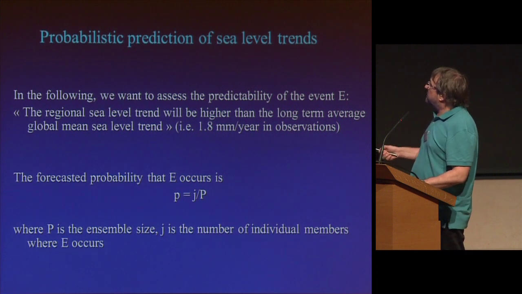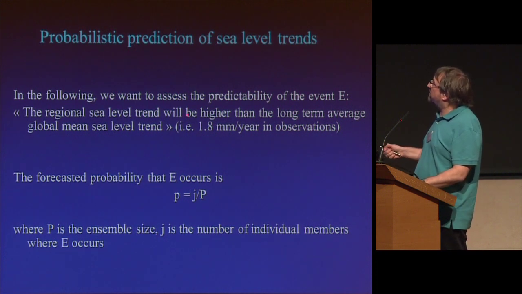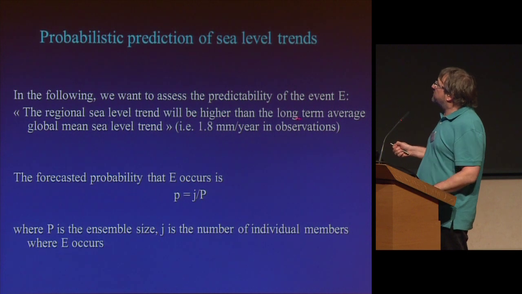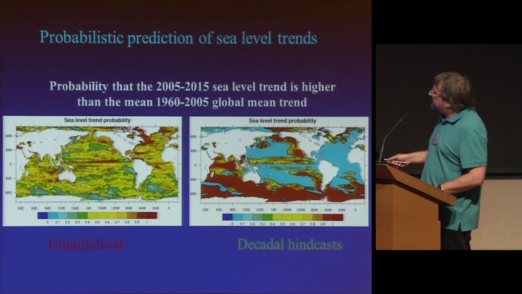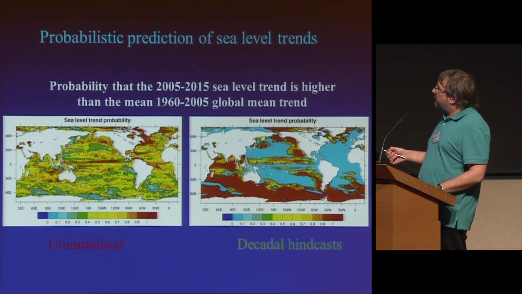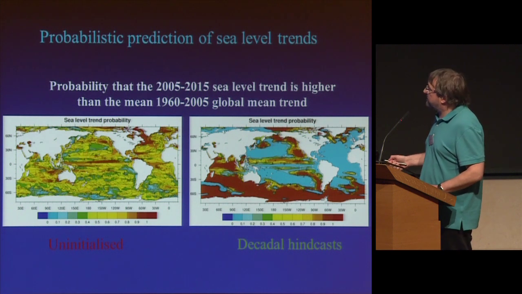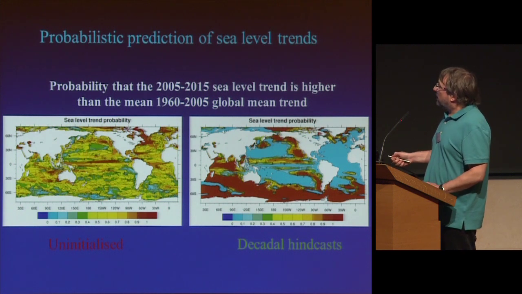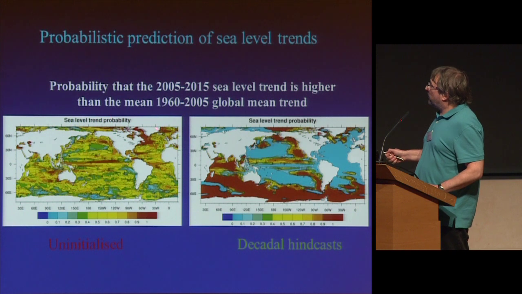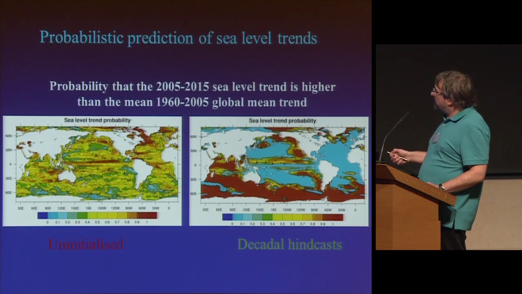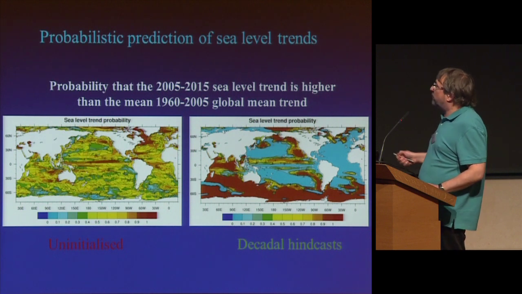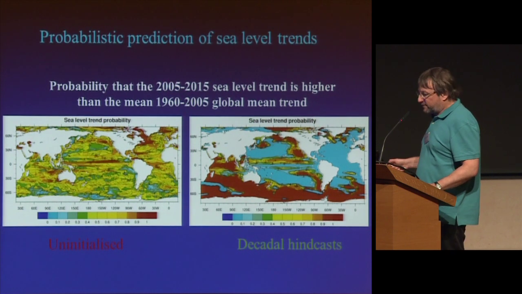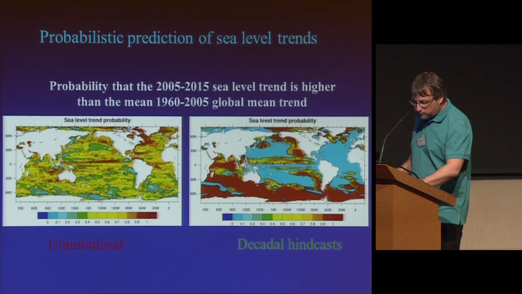In this case the event is that the regional sea level trend is higher than the long-term average global mean sea level. And you can compute this kind of probabilistic forecast maps. This is based on uninitialized experiments, and this is based on initialized experiments, for example, the 2005-2015 decade.